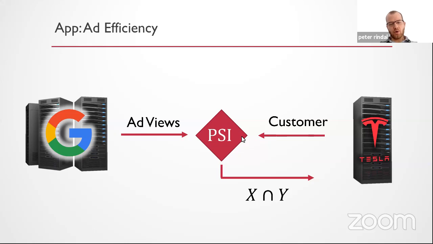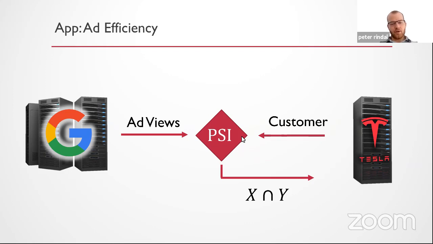Now you'd like to be able to correlate who saw the ad and came in and bought the Tesla, so that you could get some idea about how effective the advertising is. The challenge is that neither of these parties is really willing to share their customer information with the other. And so you get into a sticking point.